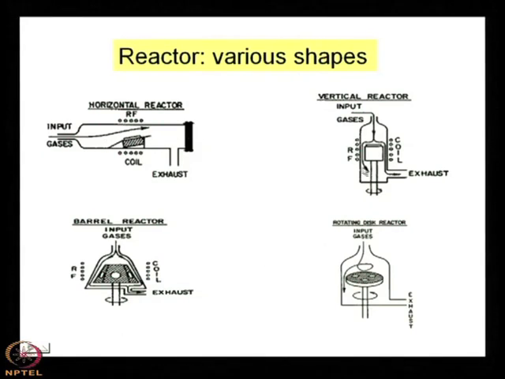It can be a vertical reactor, that means the gas flow is perpendicular to the surface of the substrate. It can be a barrel type reactor, or a rotating disc reactor. Different groups throughout the world have proposed different shapes for reactors, and they have their own advantages. Some say that if you use a vertical reactor, these are the advantages. Some groups say that if you use a horizontal reactor, you have different kinds of advantages.